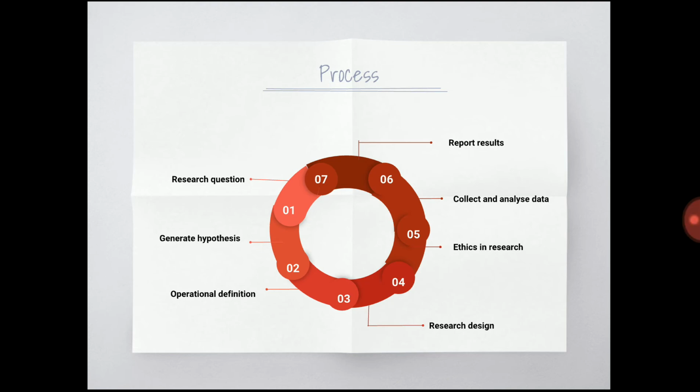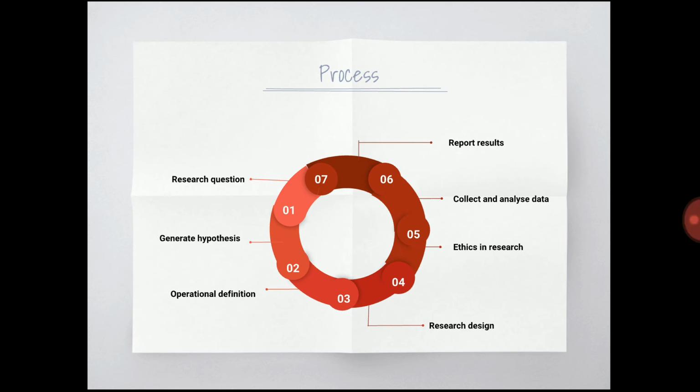Okay. The third step is operationally defining, and this I've already mentioned before in much detail. So what we're saying then is that I will operationally define the variables included in the research. Yes. Once I have defined them operationally, then I move to the next step, finding a suitable research design.